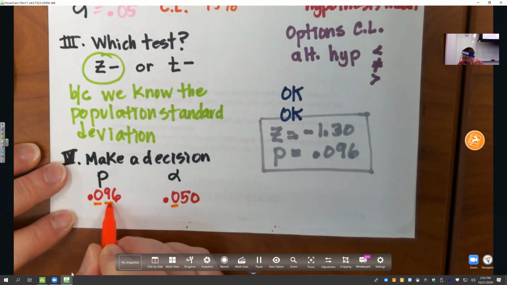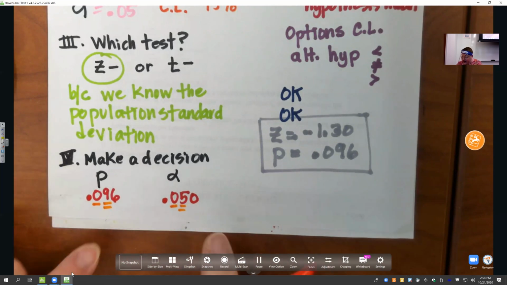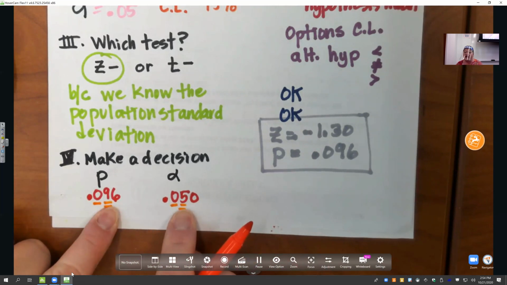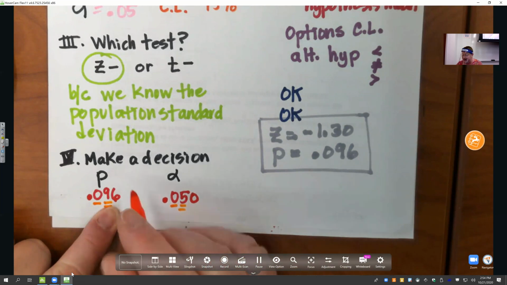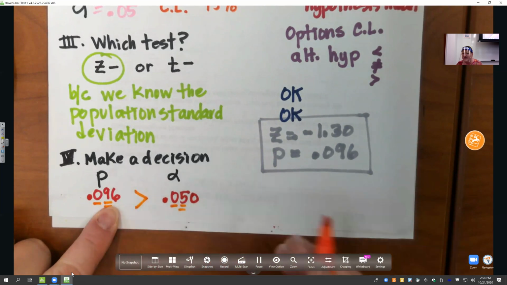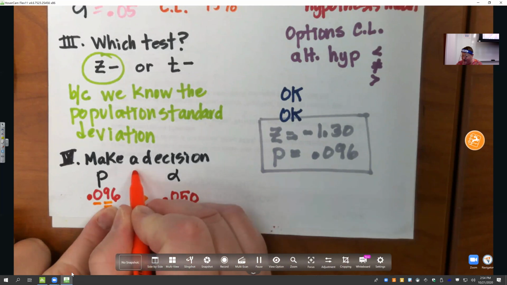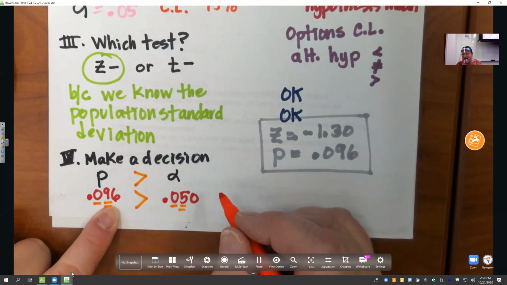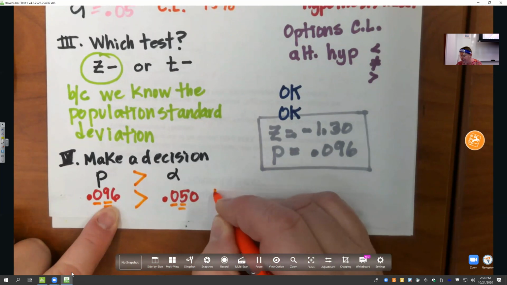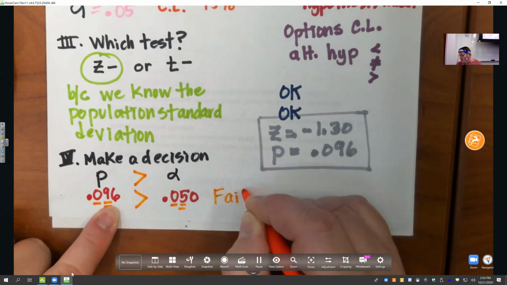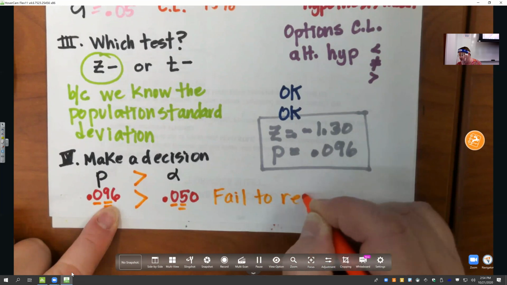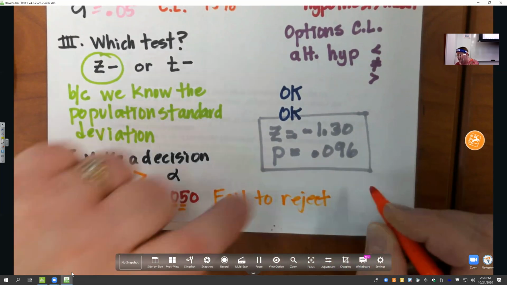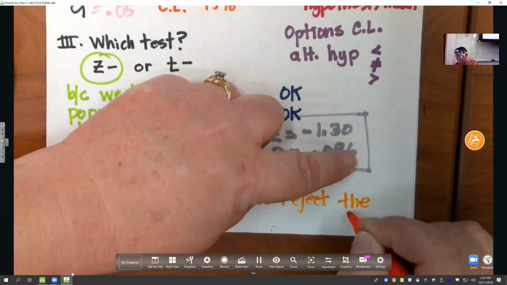But if I look at the second one, I have 9 compared to 5. 9 is greater than 5, so p is greater than alpha. And if p is greater than alpha, we fail to reject the null.